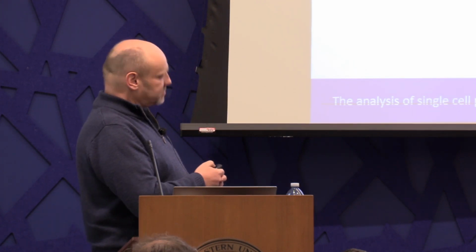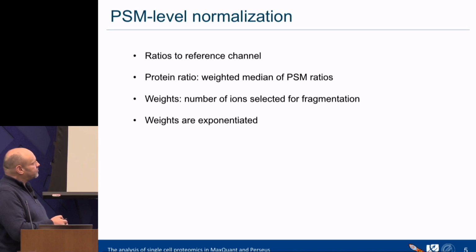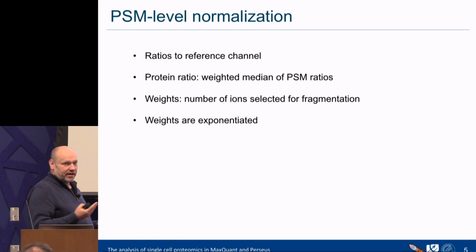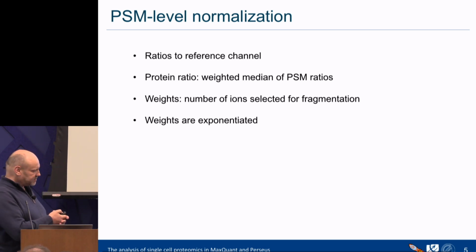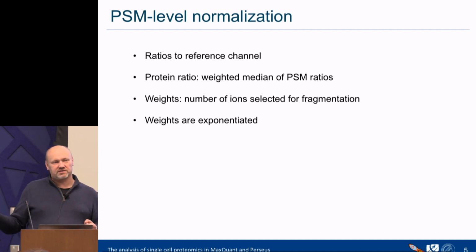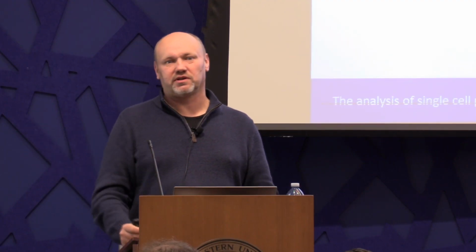So that seems to be a reasonable thing to do: just put the number of ions selected for fragmentation as a weight, or actually any monotone function of this. Who knows that it's optimal to put this just linearly in front of everything. So in general we say, okay, we calculate this number and then we exponentiate it with some as yet unknown exponent. If it's 1, then it's going in linearly. Otherwise, it's a monotone function.